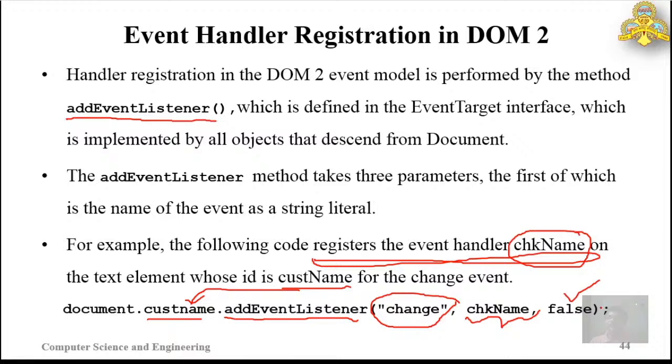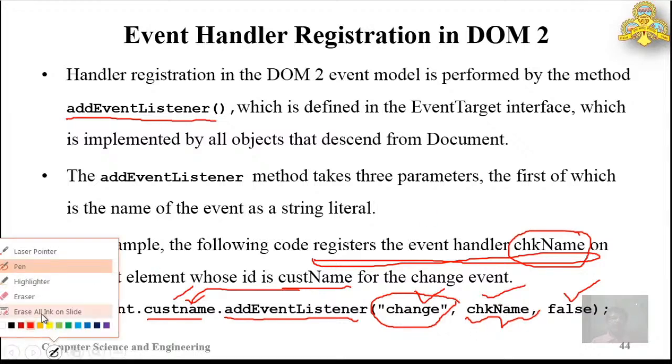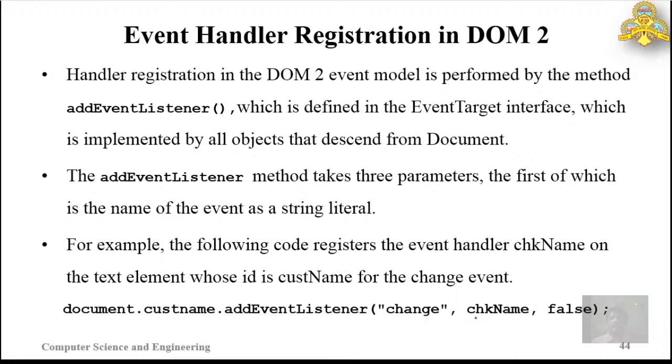I just explained the capturing phase and bubbling phase. Once again I will repeat it. The code registers to the text element customer name, for the change event, the event handler name here is chkName. So this is the JavaScript name, and the event string here is the change event.